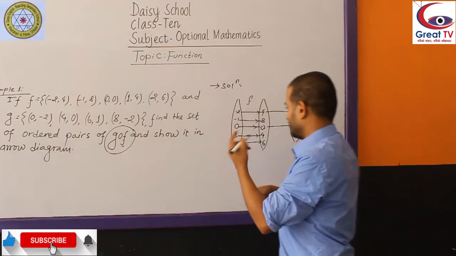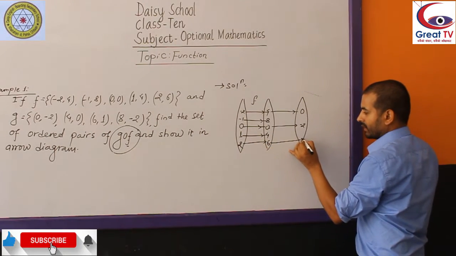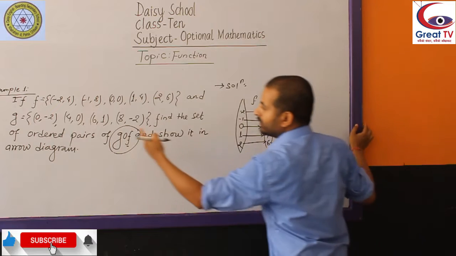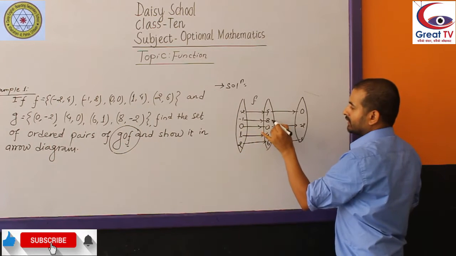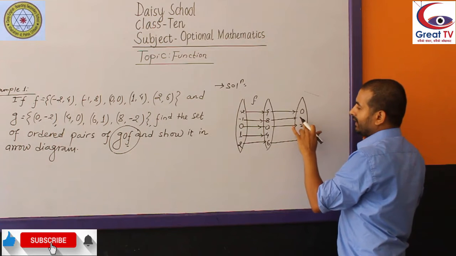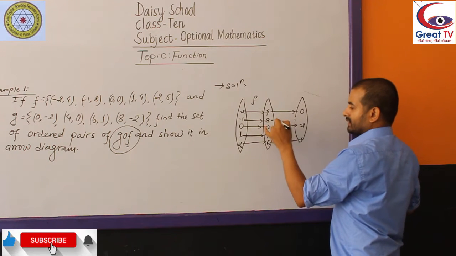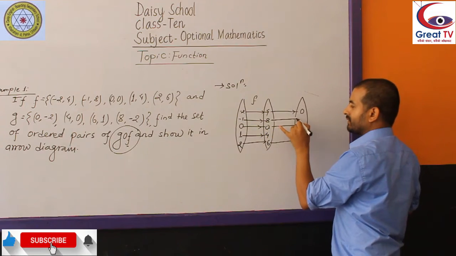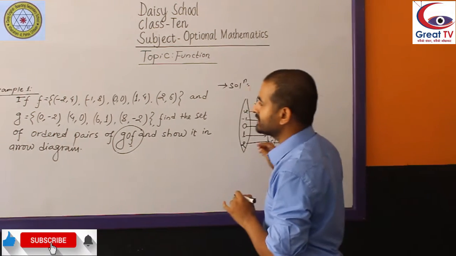Now 6, 1. Now 8, -2. Same, there are two. So you can write the same, or you can give another -2 here. It doesn't make any difference.